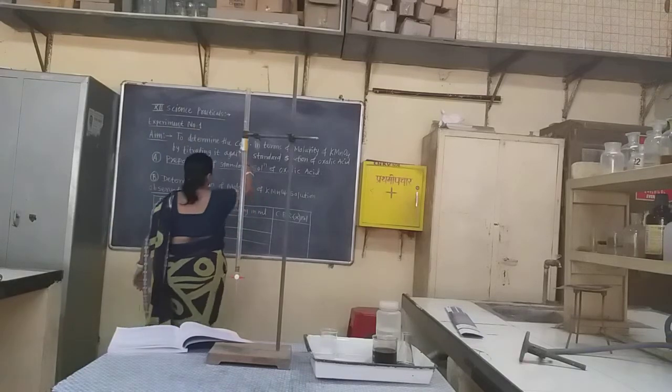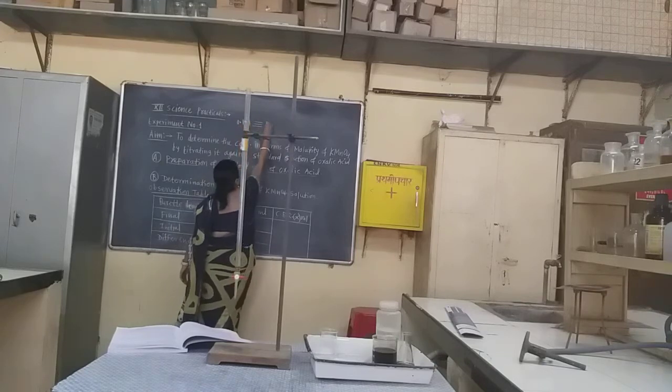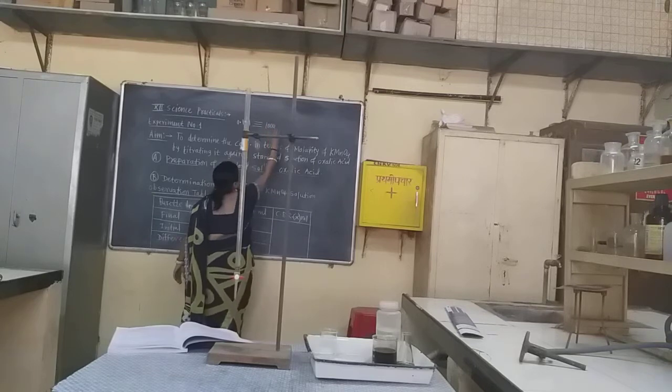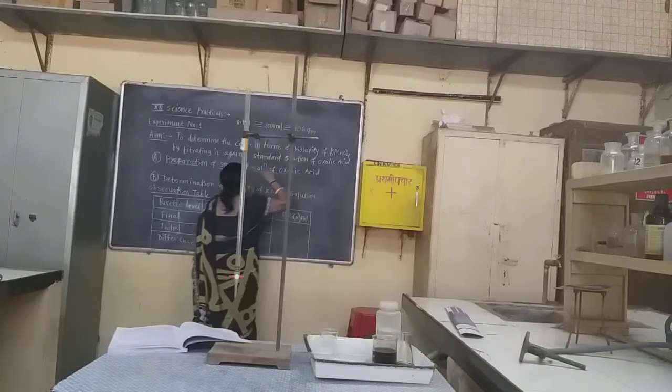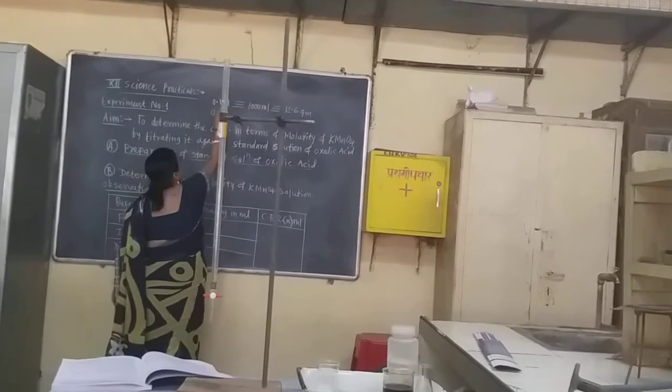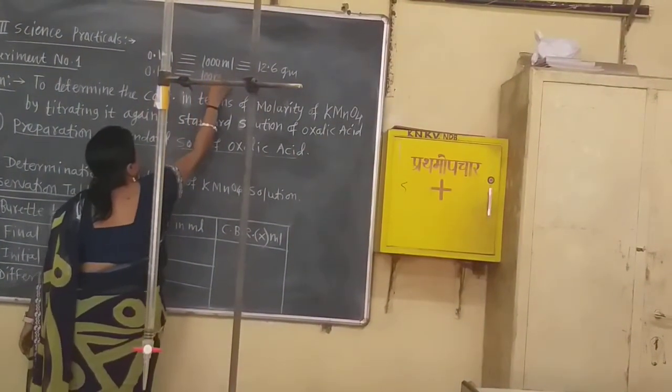See here, for 0.1 molar oxalic acid we require 1000 ml water and 12.6 grams of oxalic acid. We have to prepare only 0.1 molar in 100 ml.